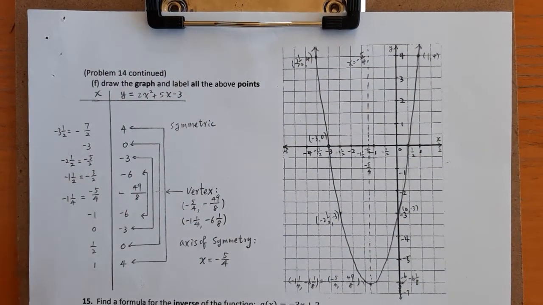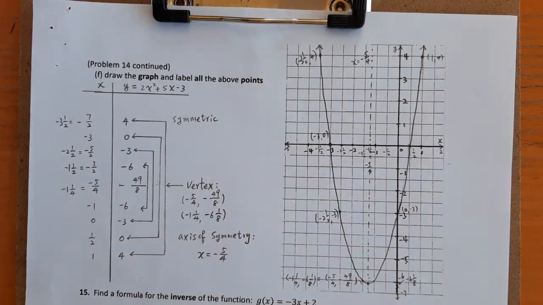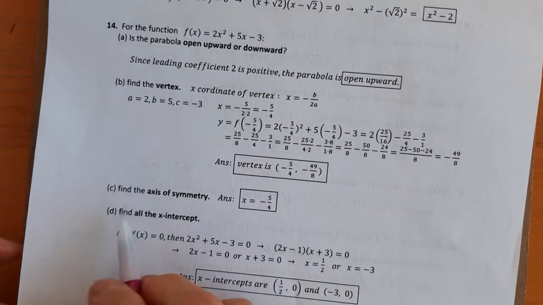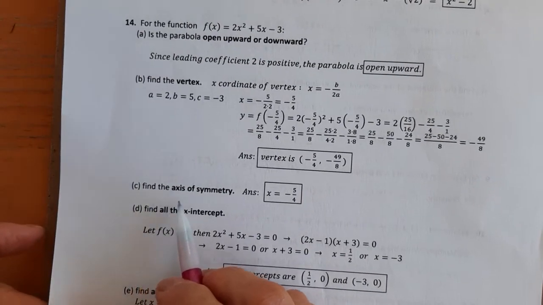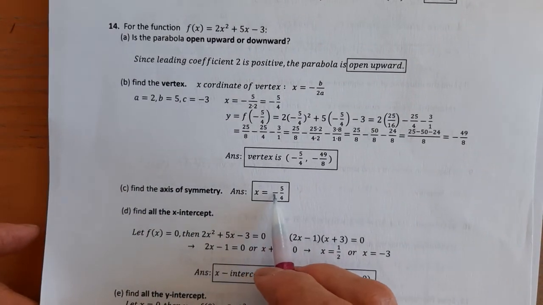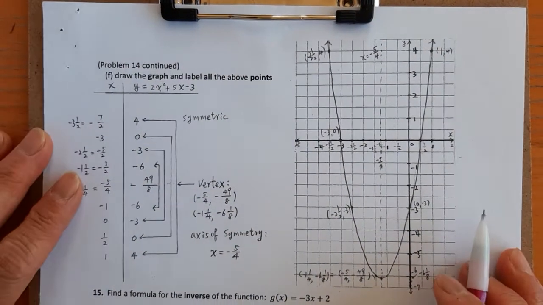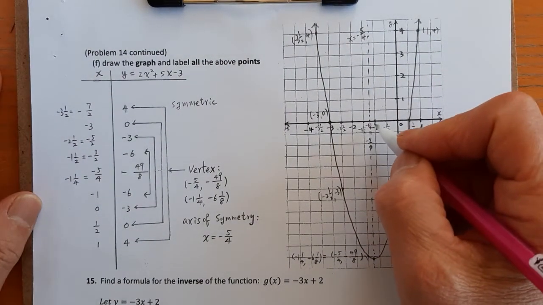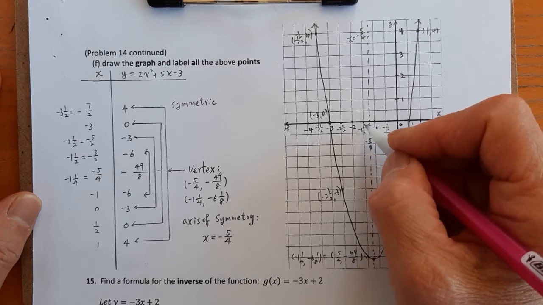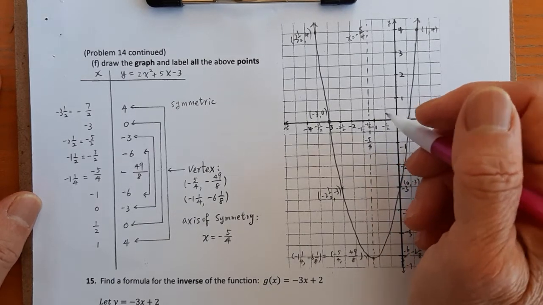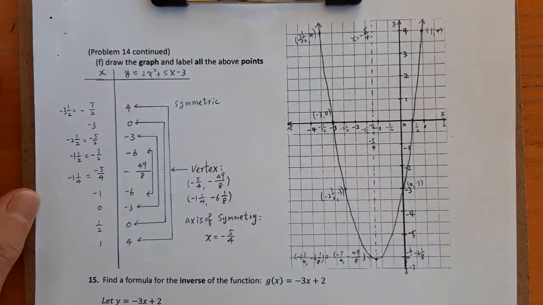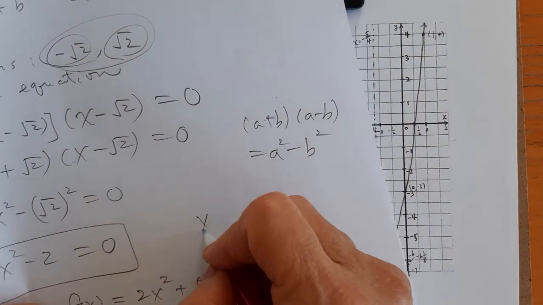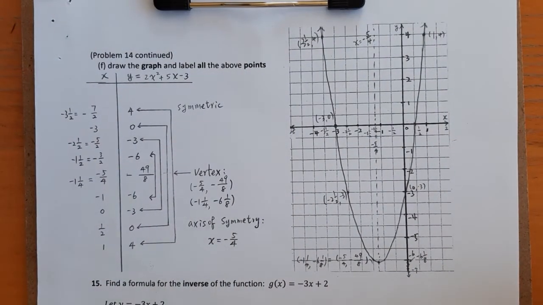The axis of symmetry is x equals negative 5 over 4. Find the axis of symmetry: x equals negative 5 over 4. Negative 5 over 4 is negative 1 and 1 quarter.